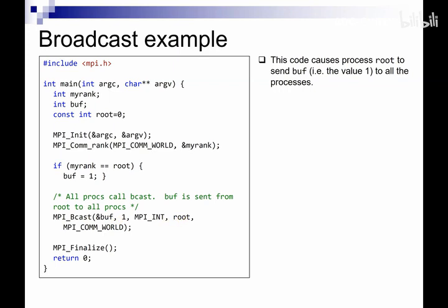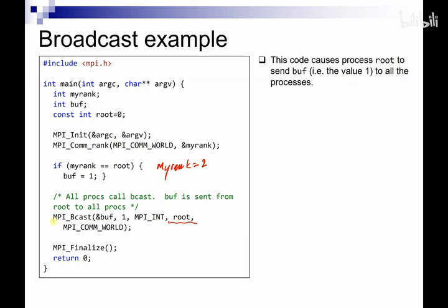The way this is actually working is that since we're calling MPI broadcast with this particular root, which in our case is 0, then if my rank is, let's say, equal to 2, when I call this MPI broadcast, because my rank is 2, I am not the root, and so I'm actually going to do a receive.